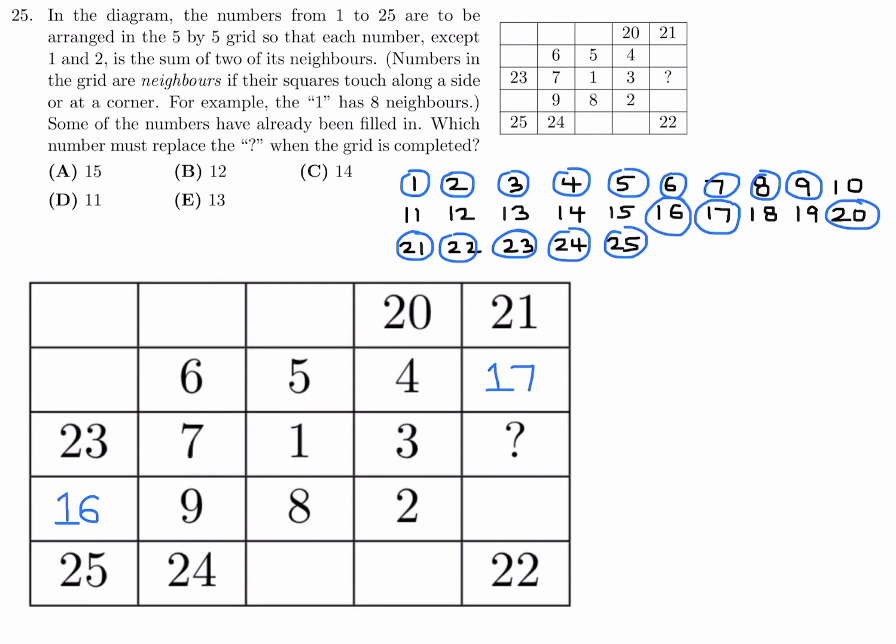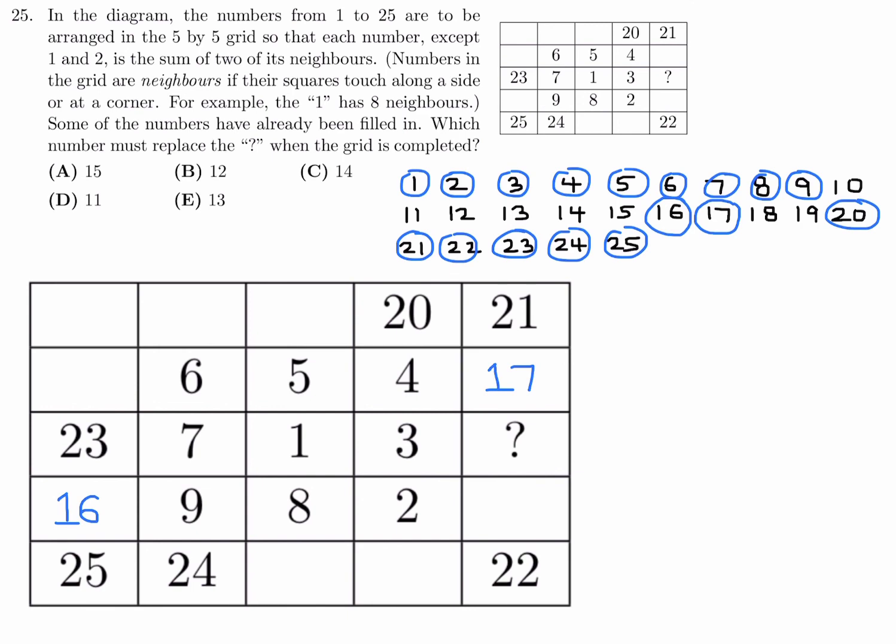I know you think, well, the question mark's over here, why don't you concentrate on that region? Well, because if I put something in there and it works, this area may not work. You see what I mean? I've got to fill in the entire grid. So if I can fill in this part and it works, then I know I'm in a great position to concentrate on the final part.